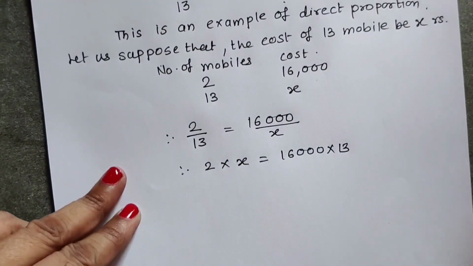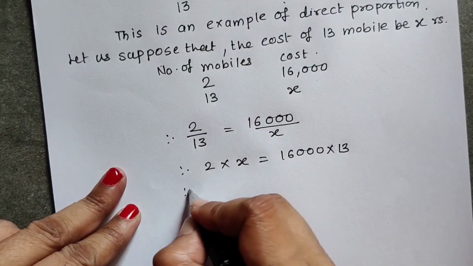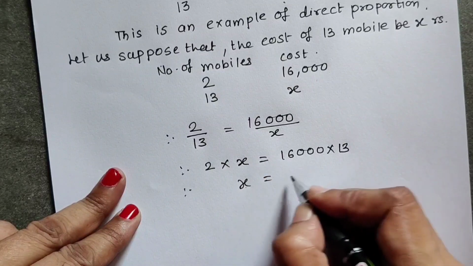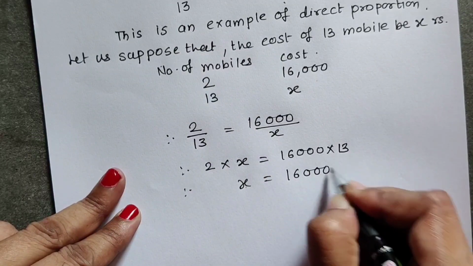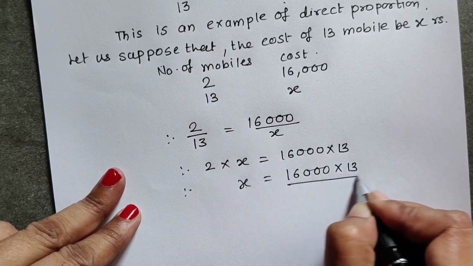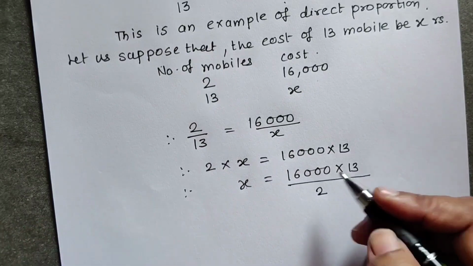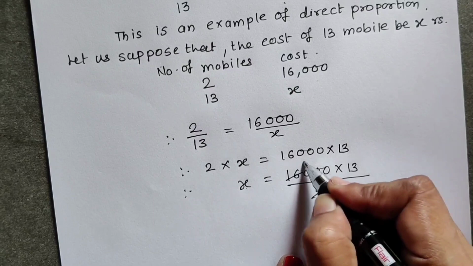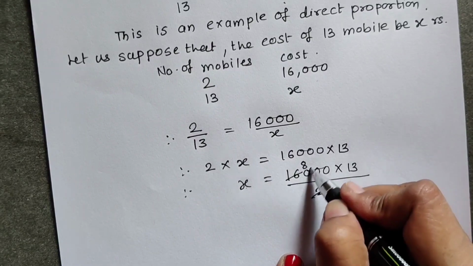Now we transfer this 2 from left hand side to the right hand side. X as it is I am writing here, then 16,000 multiplied by 13 as it is upon 2. Now cancel this 16,000 by 2. 2 ones are 2, 2 8s are 16, 2 zeros are 0.